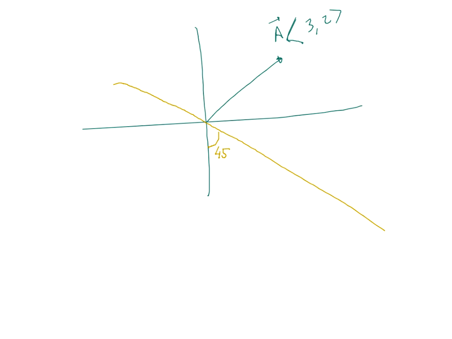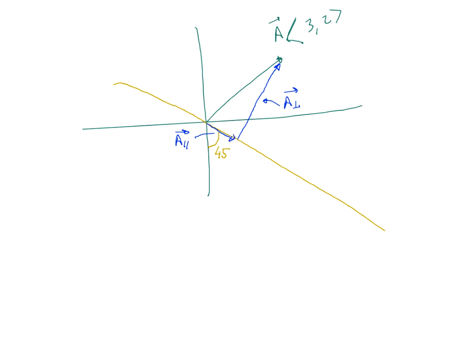What do I really want? Imagine that this line 45 used to be your X or Y axis. If I want to figure out the component of A parallel to this yellow line, then I'm going to start along the yellow line and go perpendicular to it, like we did before with X and Y. This is what I call a parallel. This is what I called a perpendicular to my line.